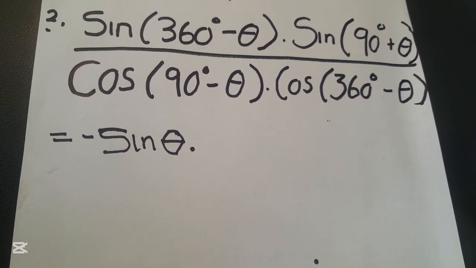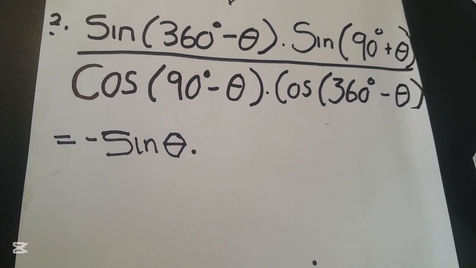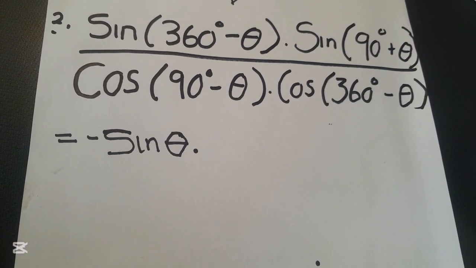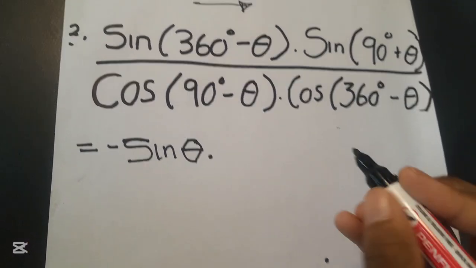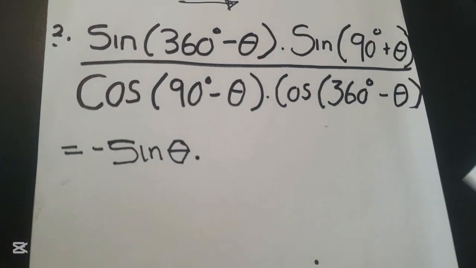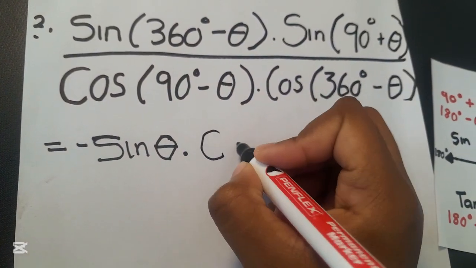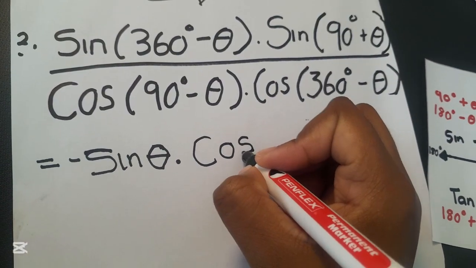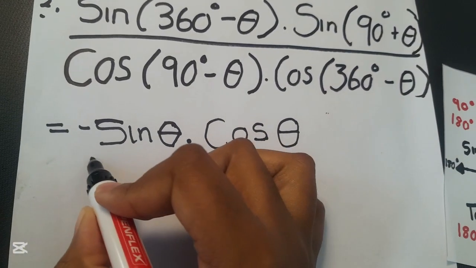For now, you just have to know that when we are given sine with 90 degrees, it changes to cos, and when we are given cos, it changes to sine. Since sine is positive, we're going to have cos theta.